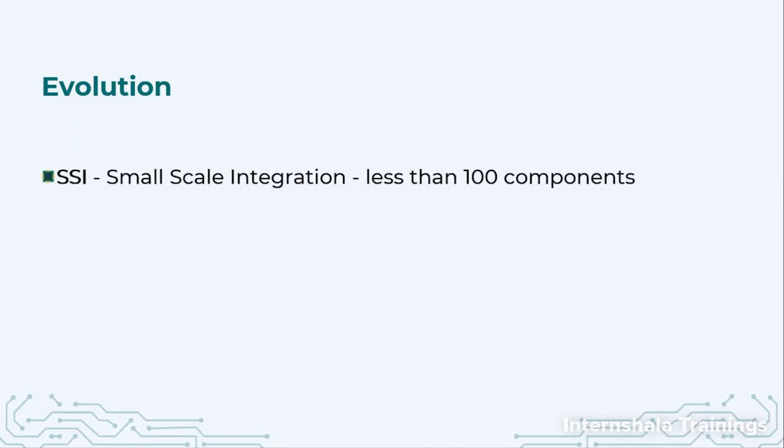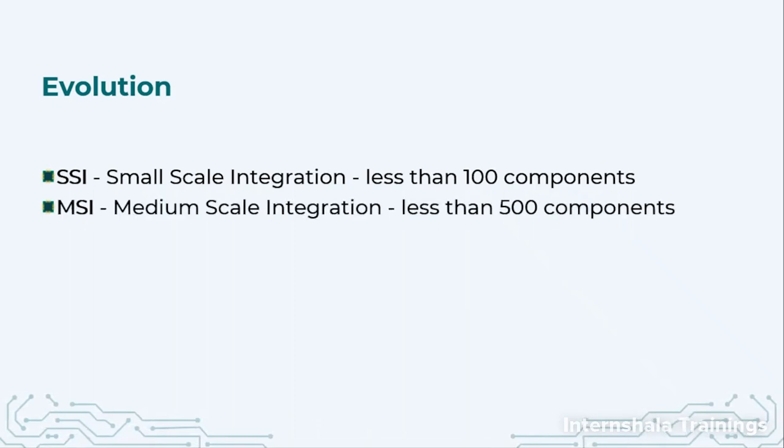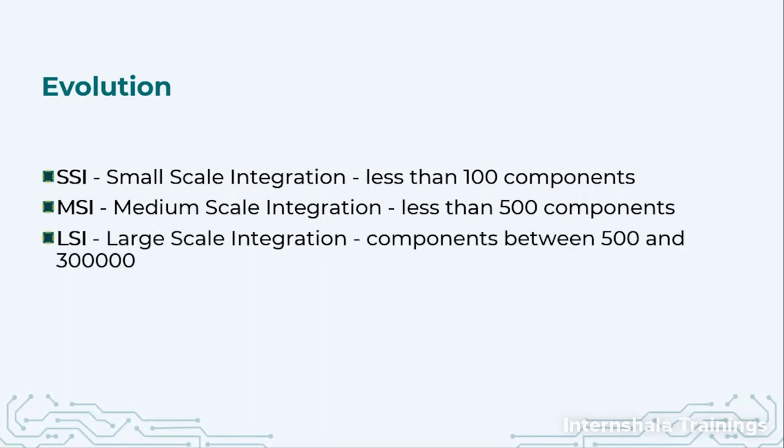Let us talk about this evolution now. We started with SSI, which is small scale integration, where we were putting together less than 100 components on a single chip. Then came medium scale integration, where we enhanced the number of components by around 5 times and were able to integrate around 500 components. Then came large scale integration, where we are able to integrate around 3 lakh components also.